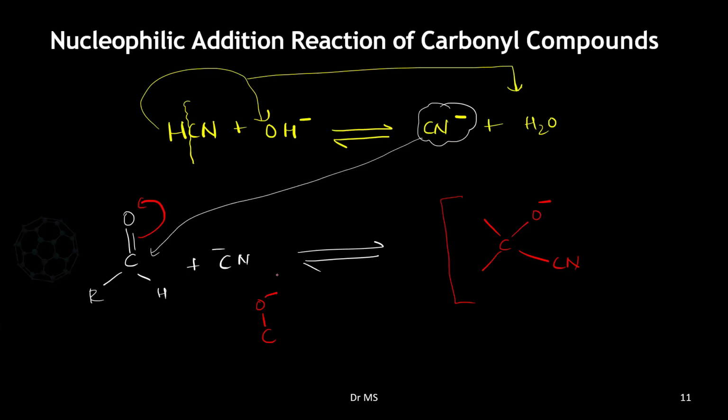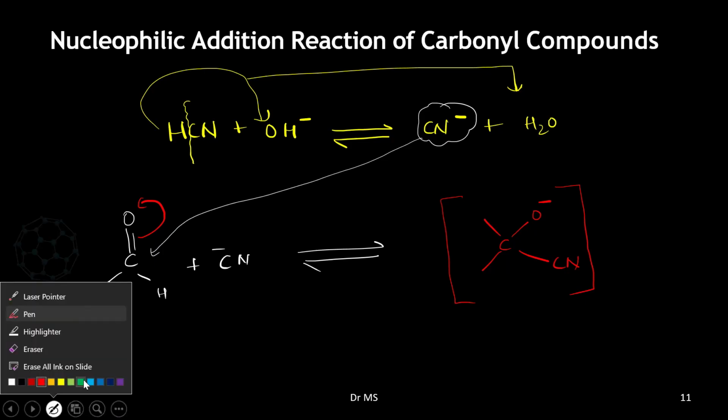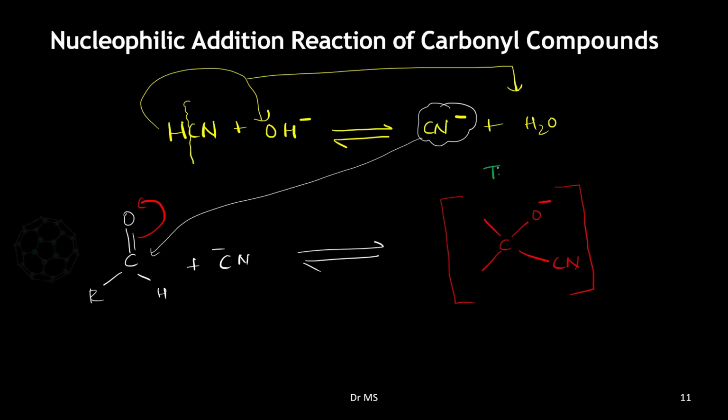Now this CN will come and attack and make the bond, and whatever R and H are there will remain attached. That's how an intermediate molecule is formed. Is that clear? I'm just writing it in one single step. So this one is called the tetrahedral intermediate.